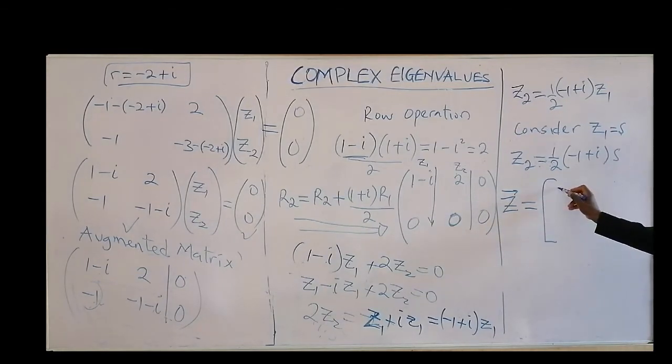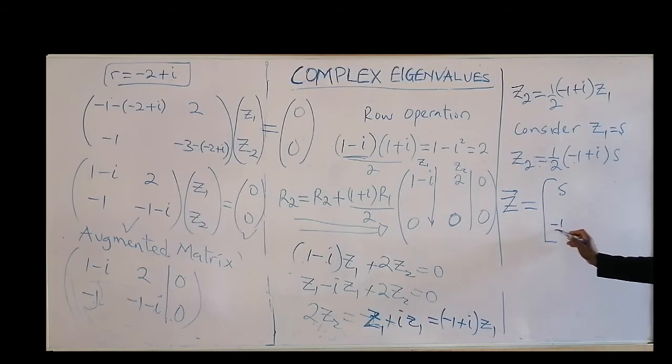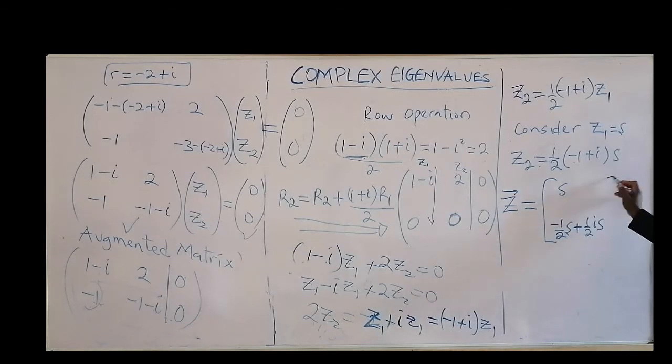The Z1 is x. Z2, you can open this one, which is minus half x, and then plus half i x. So Z2 is the combination of real parts and the imaginary parts.